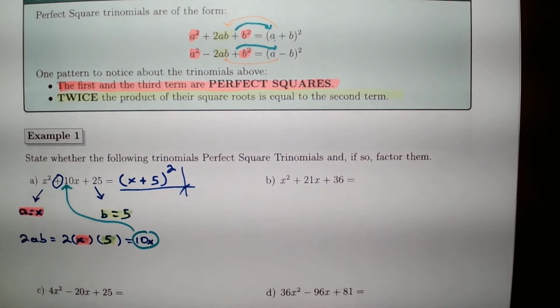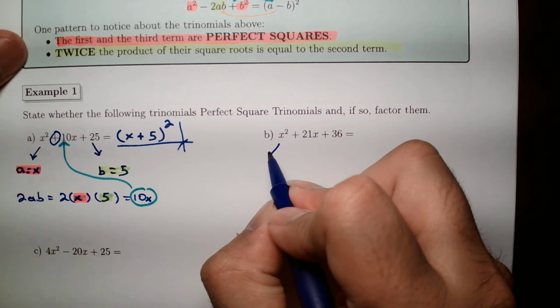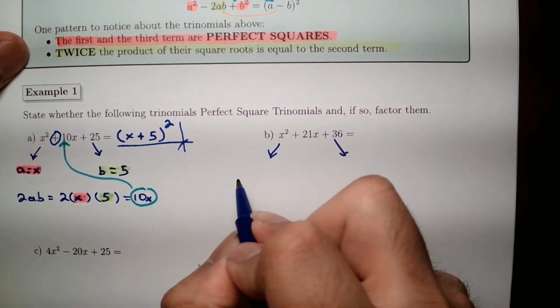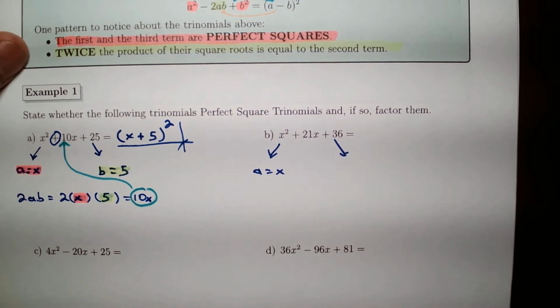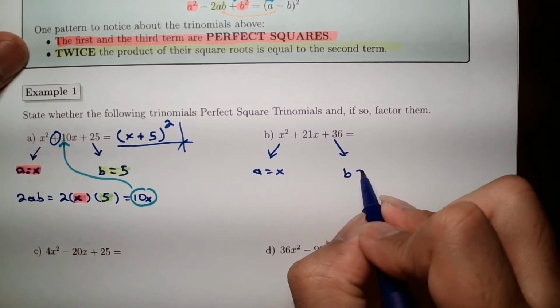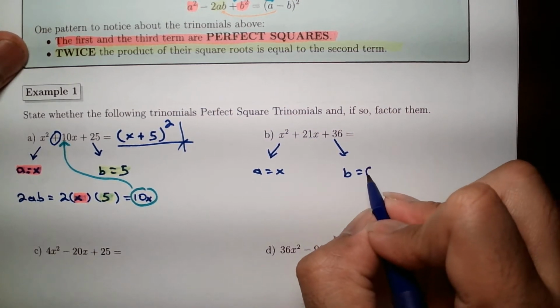Okay, so let's see if example B is a perfect square trinomial. The quantity a: which quantity squared equals x squared? That's x. Quantity b: which quantity squared equals 36? That's 6.